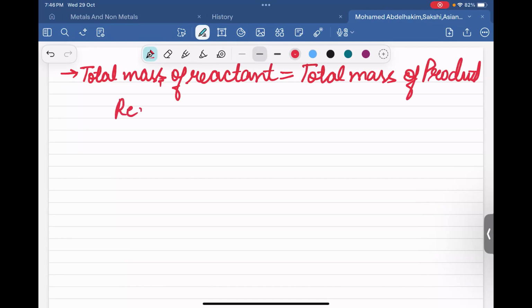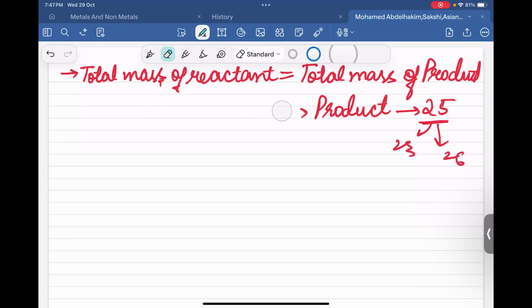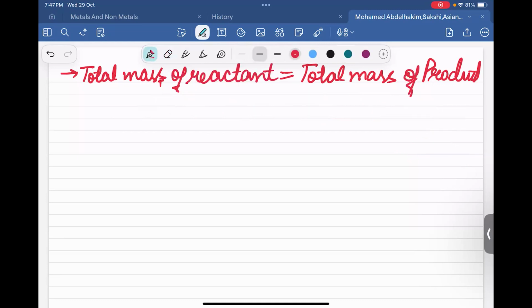In the starting of any reaction, if the total mass of the substances which are reacting is 25, then after the reaction, when the product is formed, the mass of the product will be 25 only. It will not be less than 25, nor more than 25. So the total mass of the reactants is equal to the total mass of products.